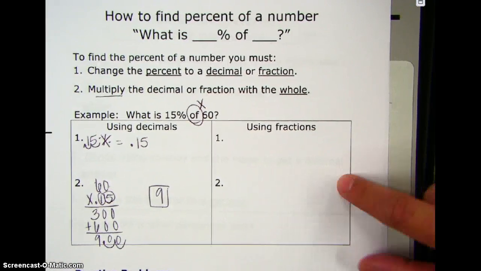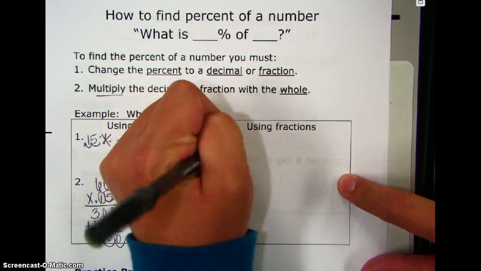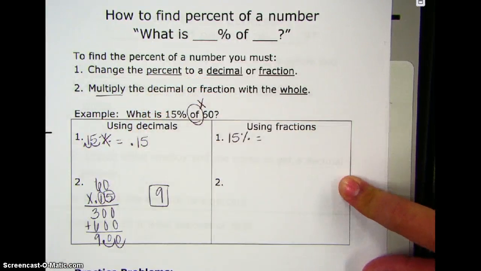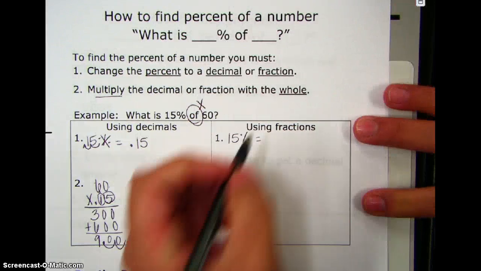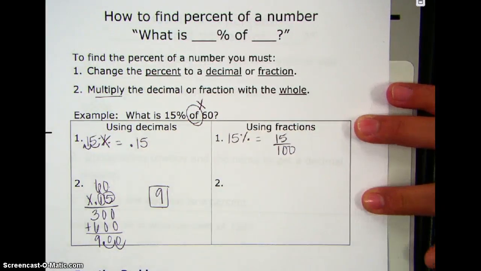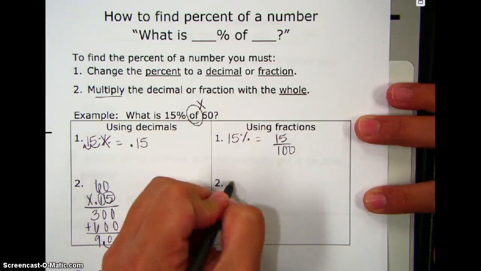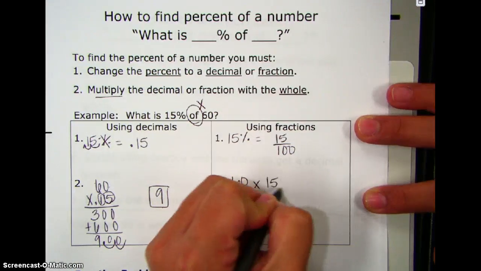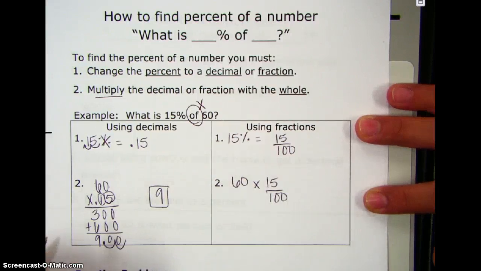Okay, what if you like using fractions? Well, 15% can be written as a fraction by taking that 15 and writing it over 100. Okay, so now that I have 15 over 100, I could actually go ahead and simplify, but let's just set it up first because what we're really going to be doing is 60 times 15 over 100.